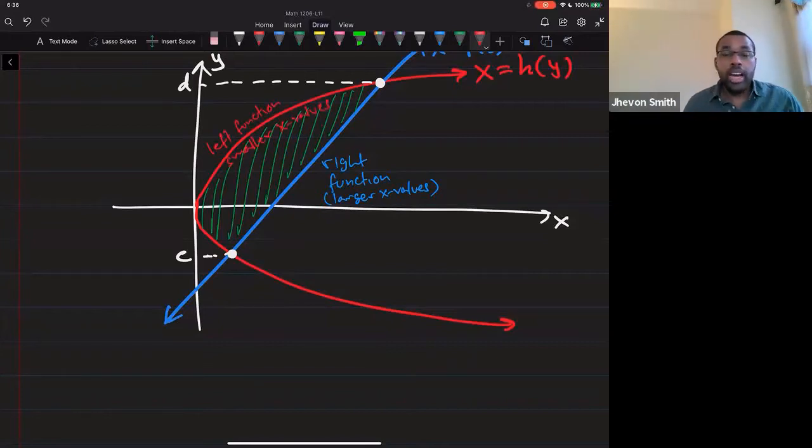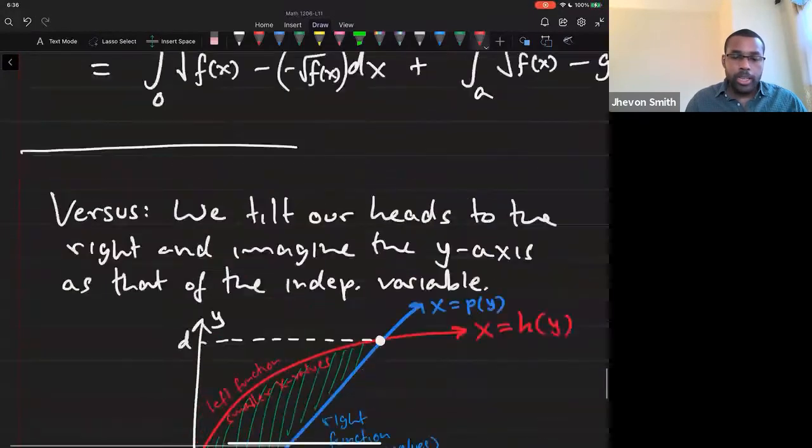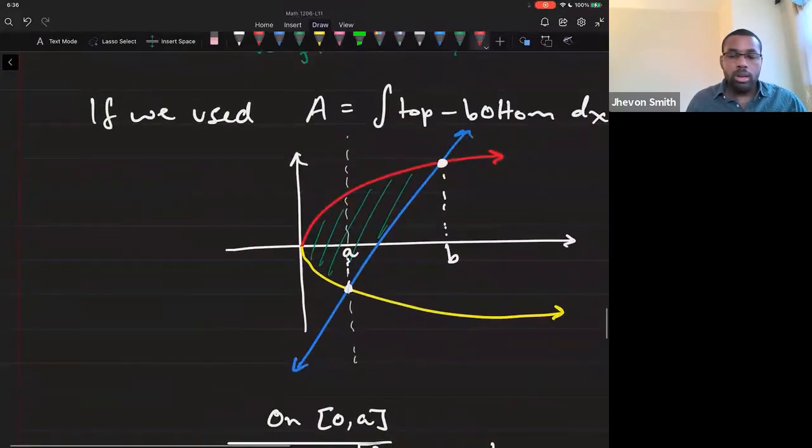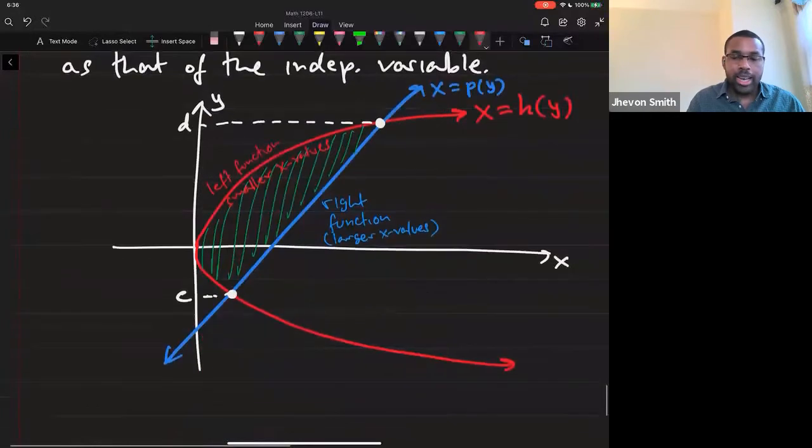Now notice on the entire interval C to D, there's only one right and only one left, right? It never actually changes. It's not like up here where on 0 to A, I have a different top and bottom versus from A to B, I have a different top and bottom. If I tilted my head to the side, there's only one guy that's always on the right. The blue is always on the right.